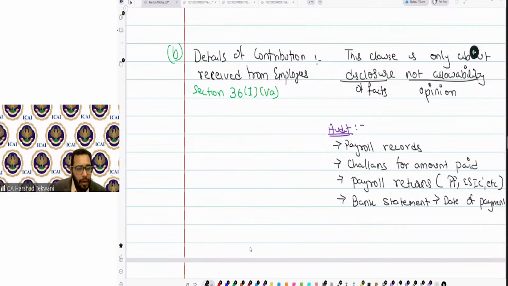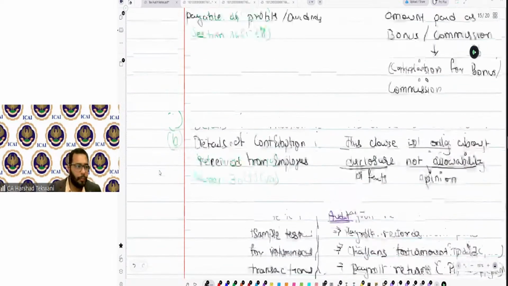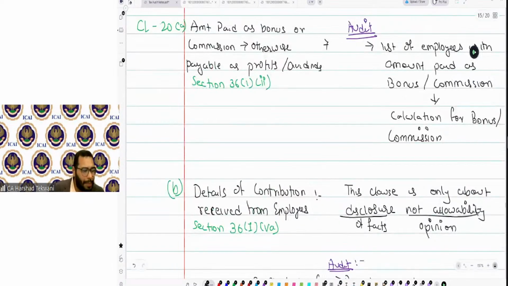So in that case, you can perform a sample test, I would say, for huge or voluminous transactions. Okay, so that was clause 20B.